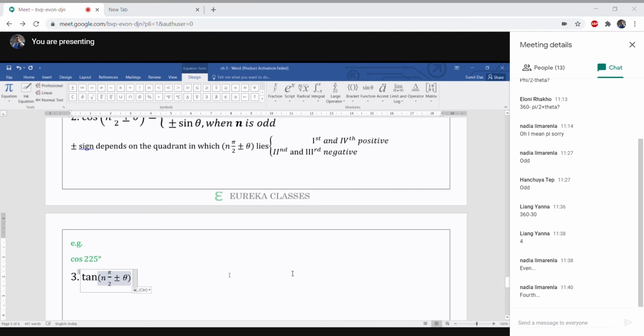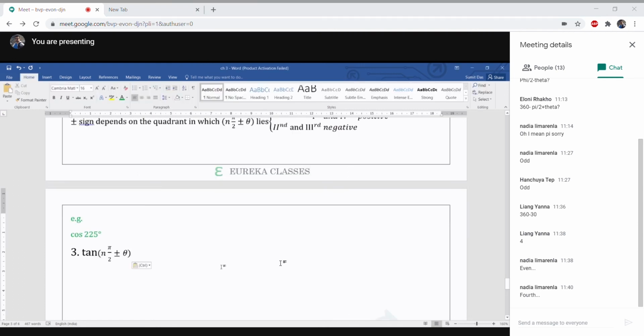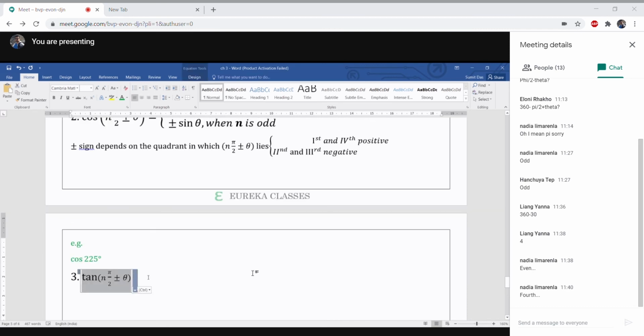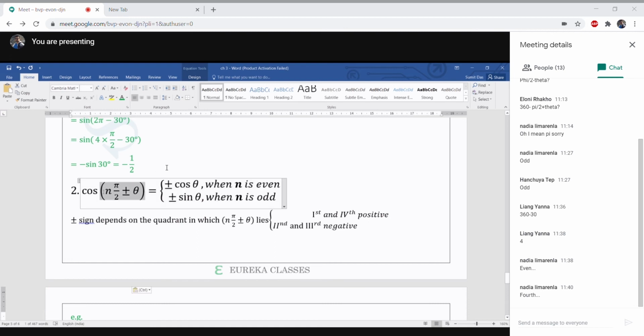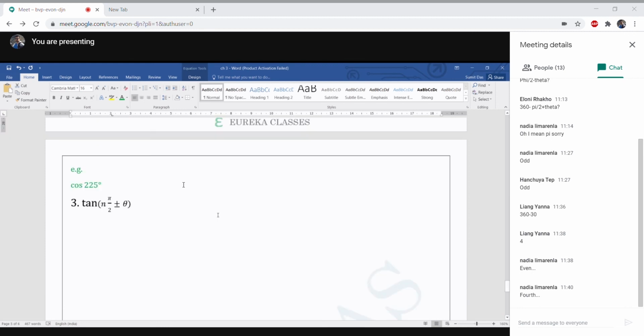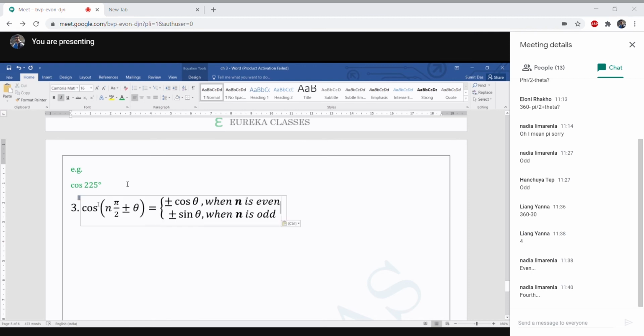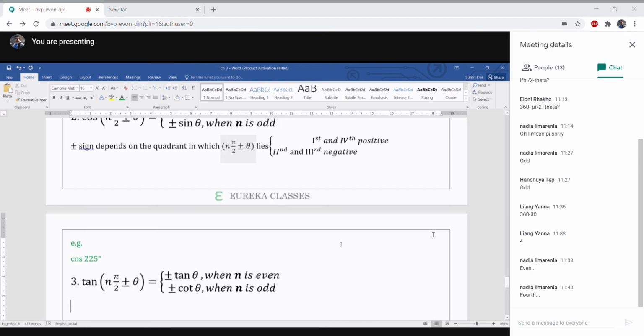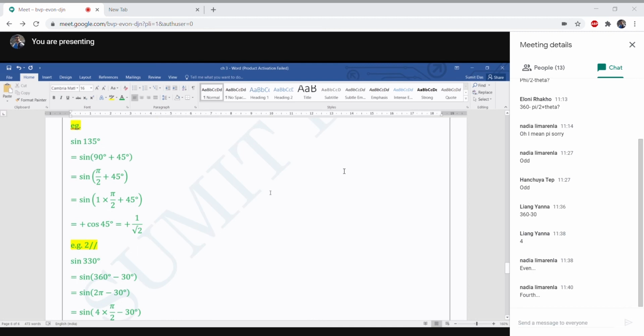Only the value. If anyone has done it, please let me know.